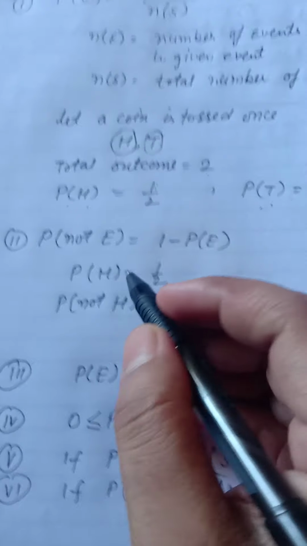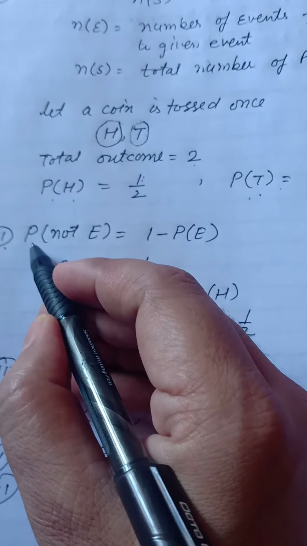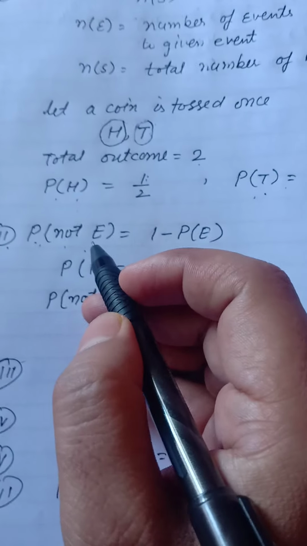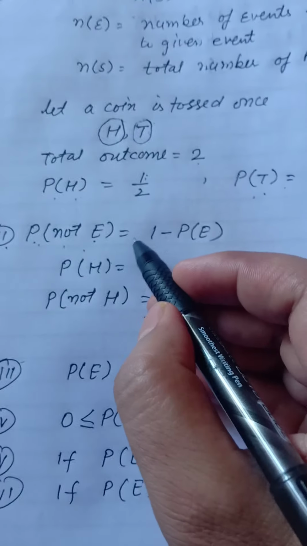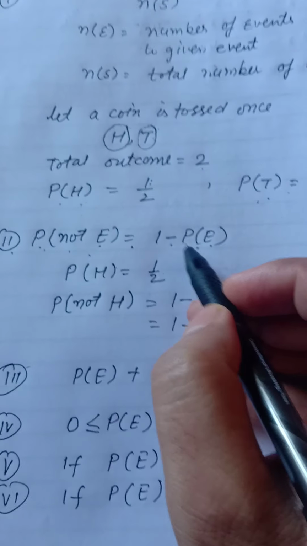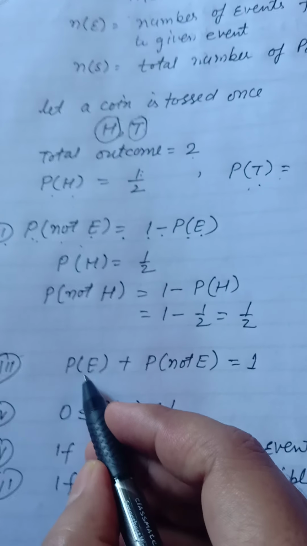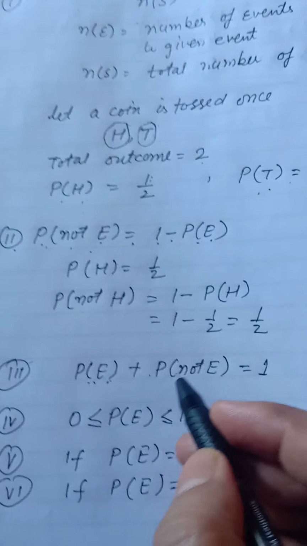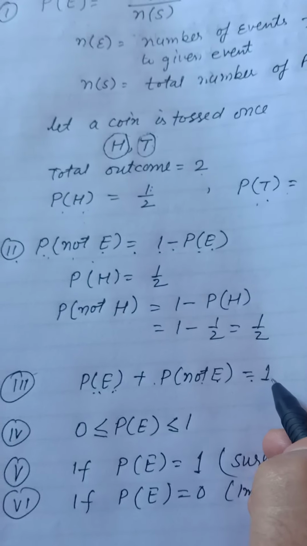Now one more formula we have in class 10th: the probability of not E, meaning the probability of the event not happening, we can find by subtracting the probability of the event from 1. So from here we also get one more formula: the probability of an event plus the probability of not that event is always equal to 1.